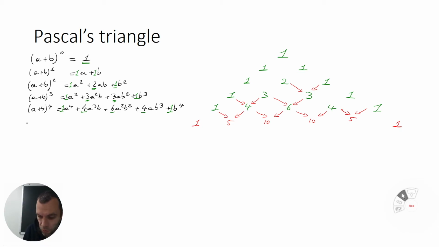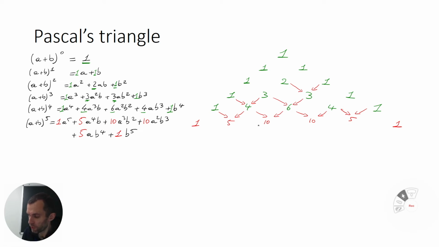And now if we go back to our original expansion in terms of powers, if you do a plus b to the power 5, and I encourage you to work this out independently, what you'll find is that the result is 1 times a to the power 5 plus 5 times a to the power 4 times b plus 10 times a to the power 3 b squared plus 10 times a squared b to the power 3 plus 5 times a b to the power 4 plus 1 times b to the power 5.